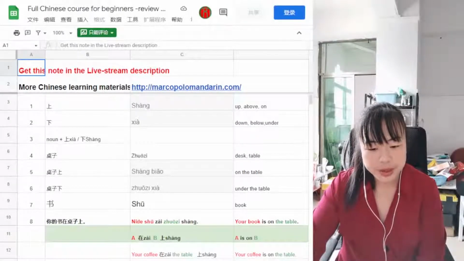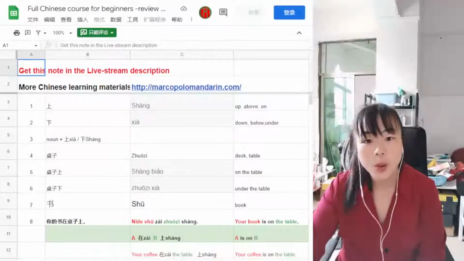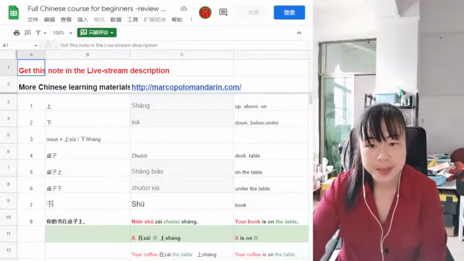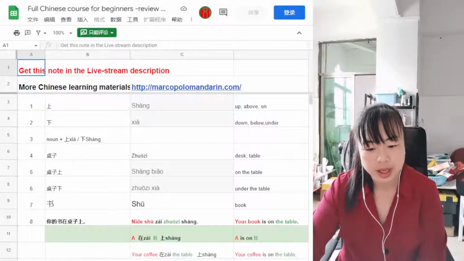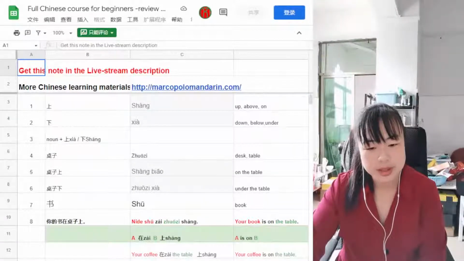If you don't know how to say it directly, now let's try to do it step by step. Step one, mark the sentence with colors first. Okay, red. Under the table. The table is green.